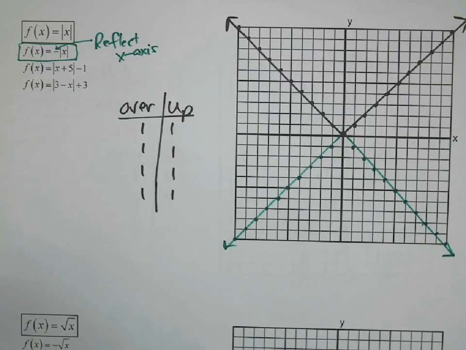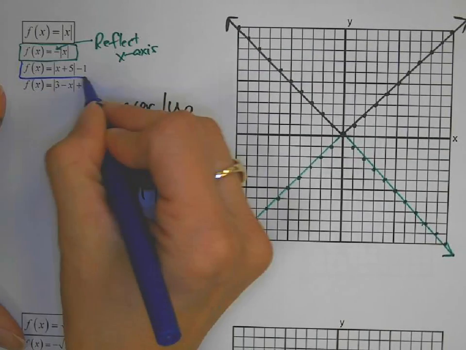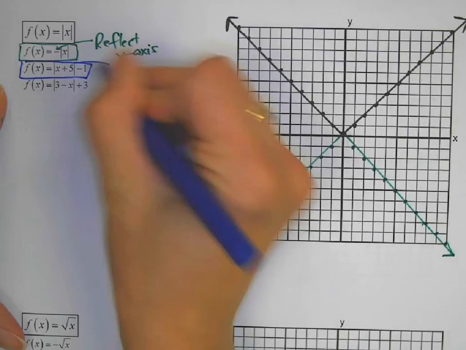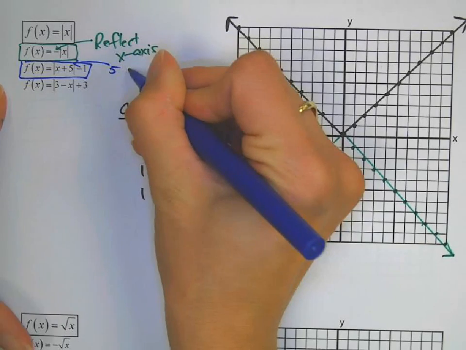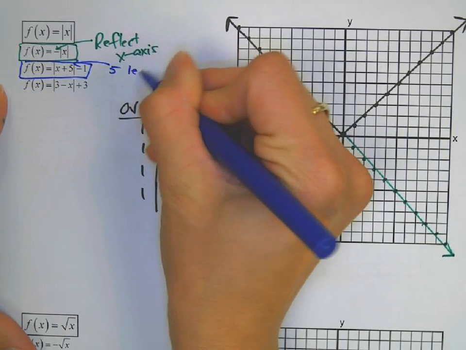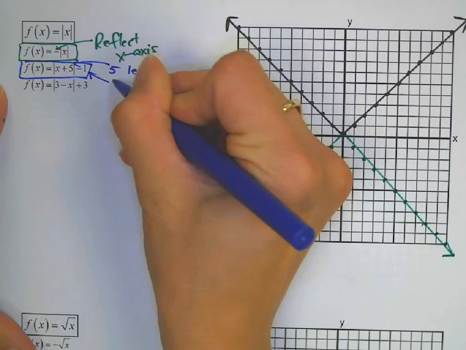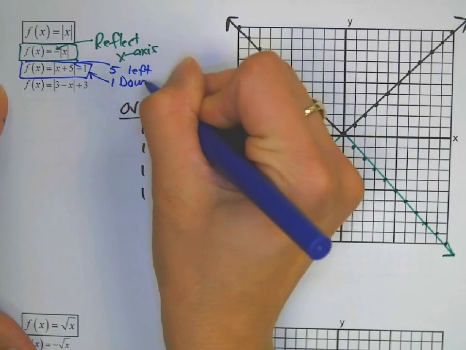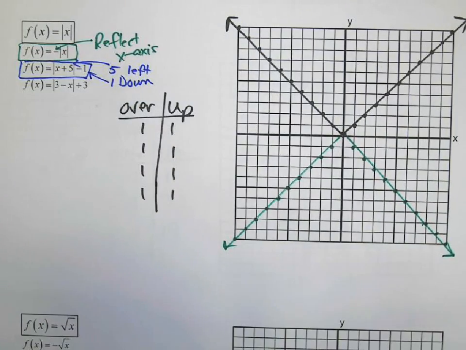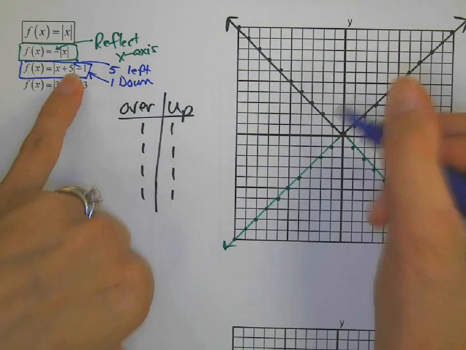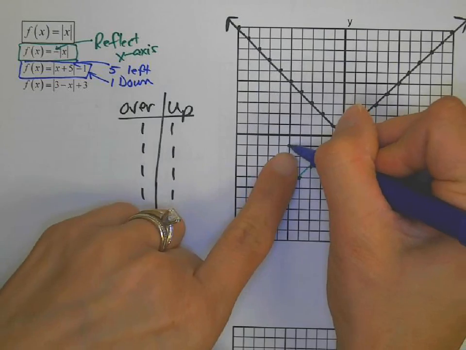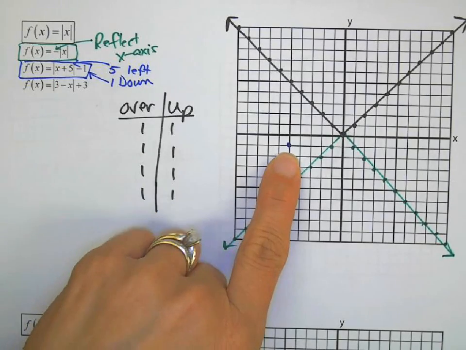Okay, the next one, I can't help but notice that there are 2 transformations. We have to go 5 to the left, and we have to go 1 unit down. Is this absolute value graph getting reflected? No, I don't see any reflections. So we just go 5 left, 1 down, and there's your starting point.